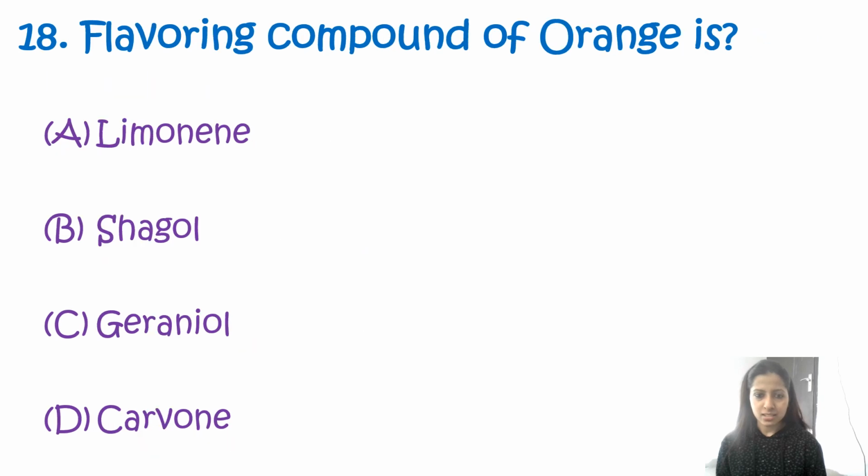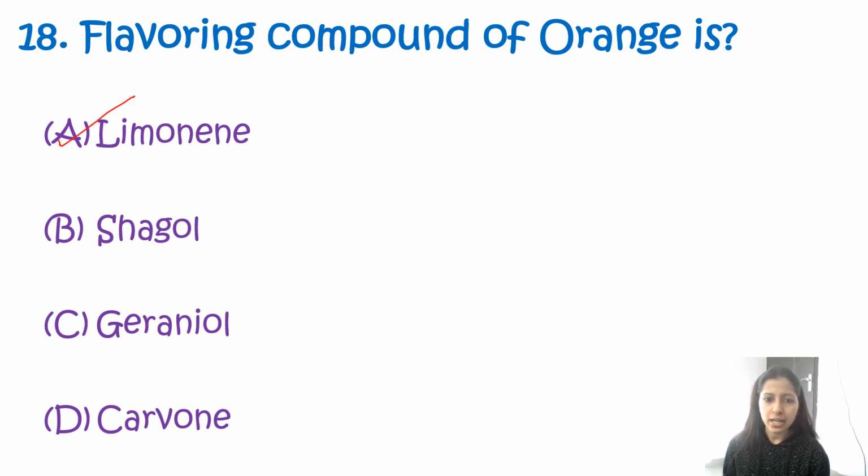Next, number 18. Flavoring compound of orange is option A, limonene, option B, eugenol, option C, geraniol, option D, carvone. So flavoring compound of orange. So limonene, option number A, is the flavoring compound of the orange.